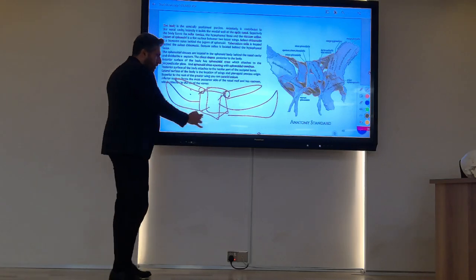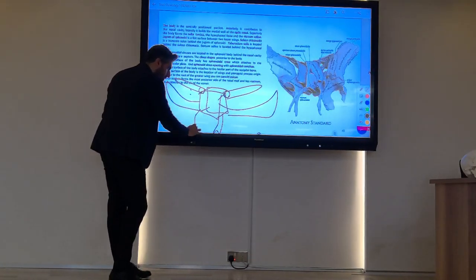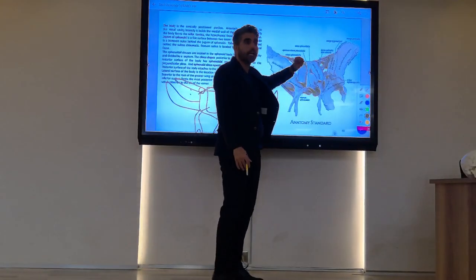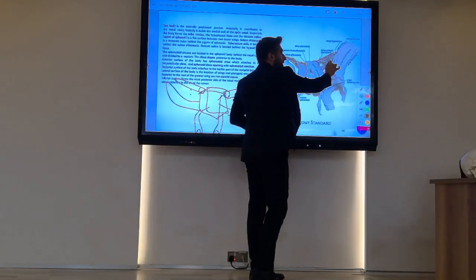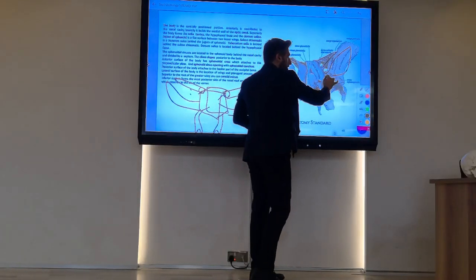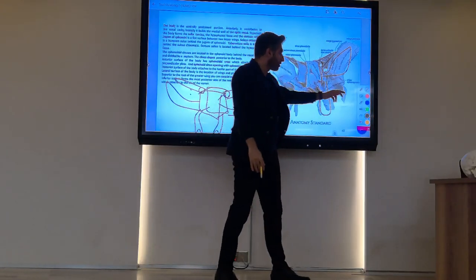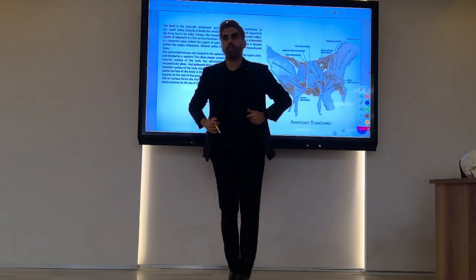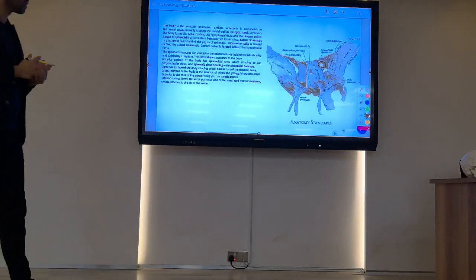The pterygoid process also starts from the lateral and inferior side. It's like this, it's here. So the lateral side of the body is the location of the processes: lesser wing, greater wing, pterygoid process, they start from the lateral side. So look at the optic canal, it's here. Between the lesser wing and the body, the optic nerve passes from here.